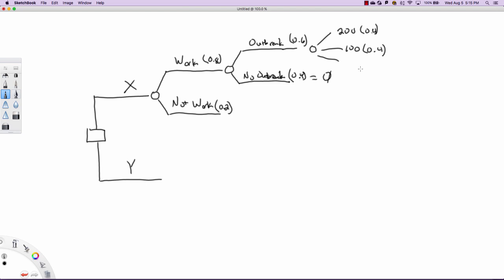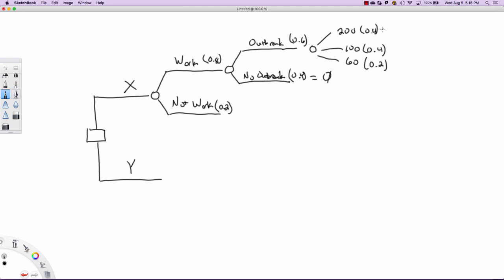And then there's another chance we could save 60 lives, with a 0.2, 20%. Again, we're making sure that all of our probabilities add up to 100%. So 0.8 plus 0.2 adds up. 0.6, 0.4 adds up. 4, 4, and 2 add up to 100.